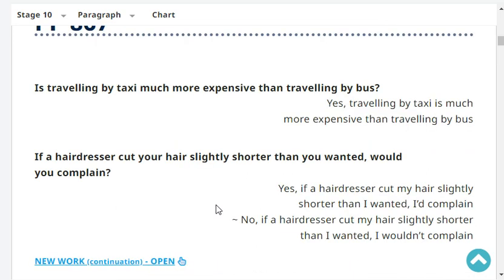Megan, if a hairdresser cut your hair slightly shorter than you wanted, would you complain? Yes or no? Yes, if a hairdresser cut my hair slightly shorter than I wanted, I'd complain.